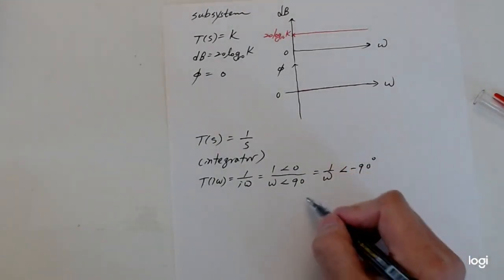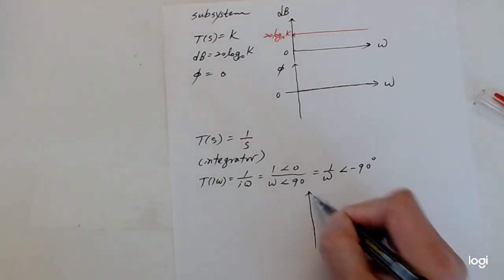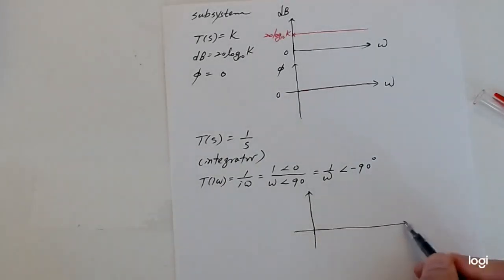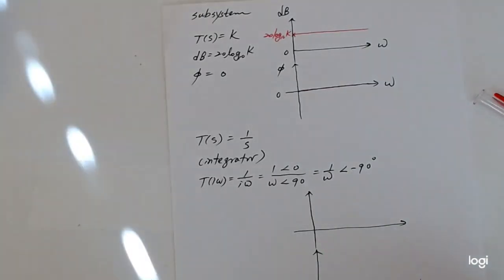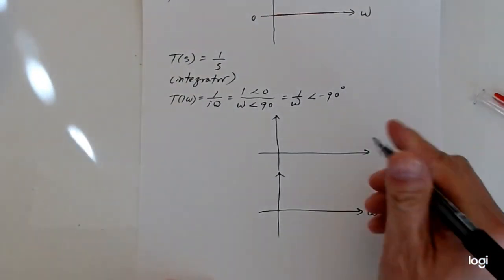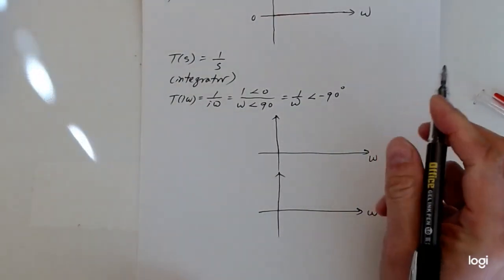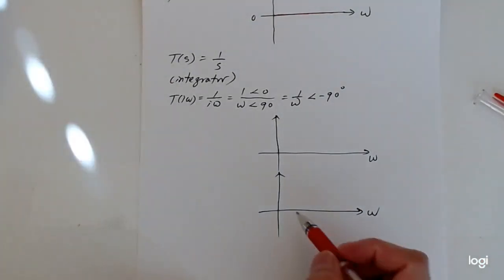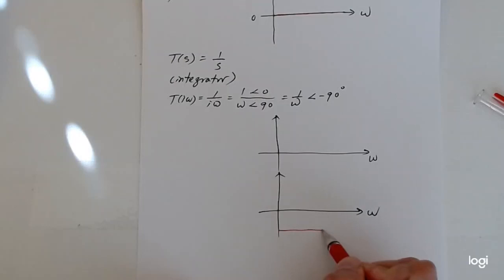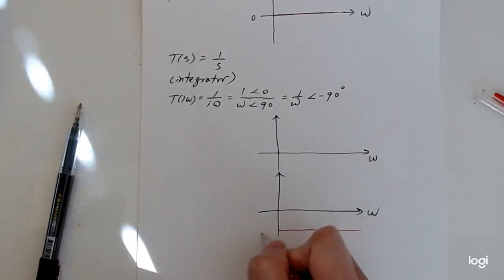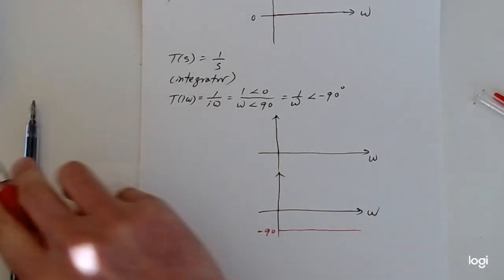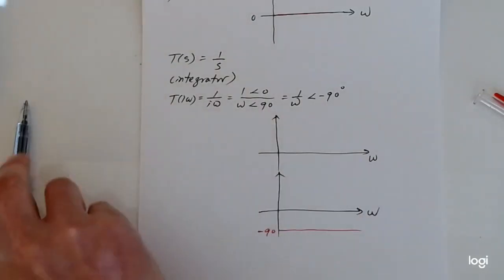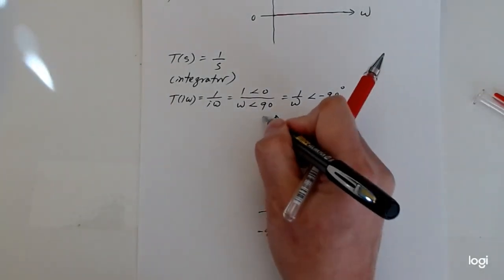So if we plot this, the phase angle is always minus 90.